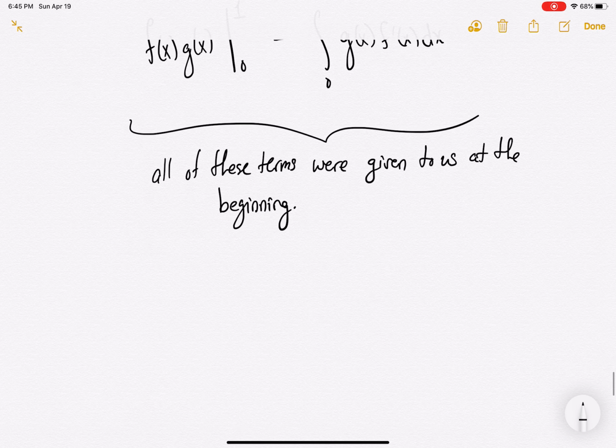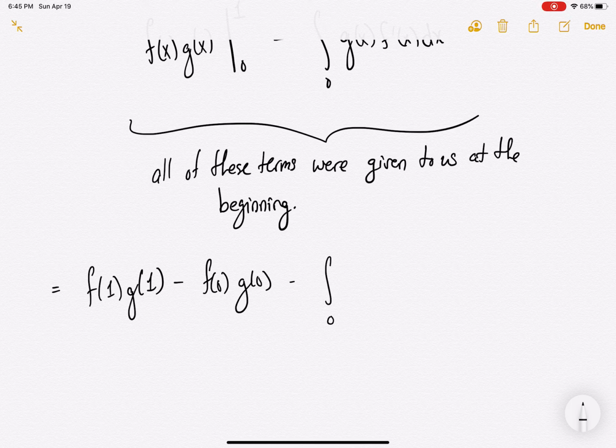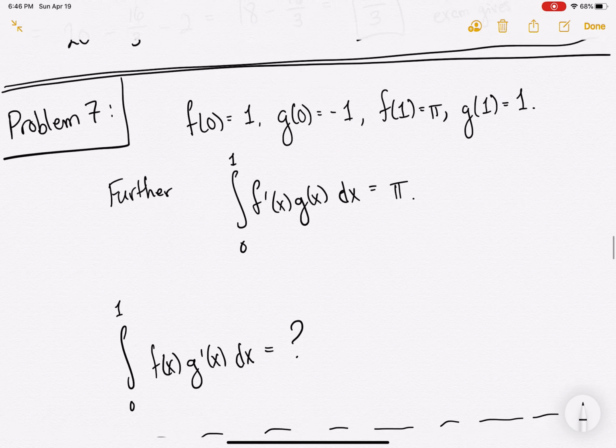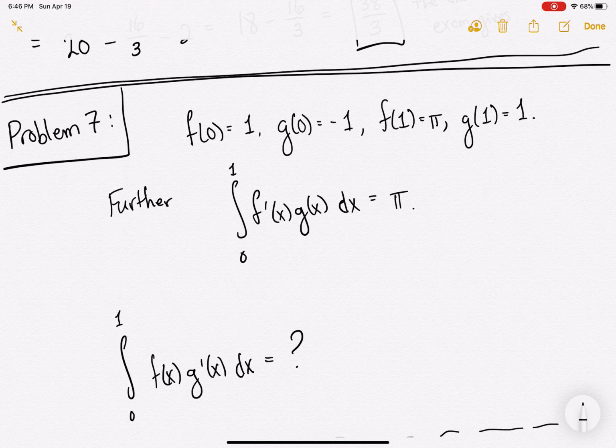And so we just plug them in, right? So this is really f of 1, g of 1, minus f of 0, g of 0, minus this integral term. And I'm going to scroll up and then we'll see what it was. G of x, f prime of x, dx. So I scroll all the way up, look at the beginning. f1 is pi, g1 is 1, f0 is 1, g0 is negative 1.